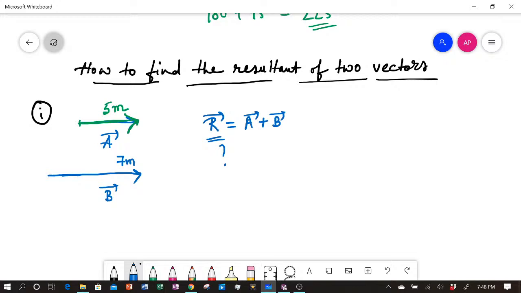Okay, Muskan's answer is 12. Okay, others? What would be the magnitude of resultant vector R? Tell me guys. Ravi's answer is root over 74. But why root over 74? No, it is not root over 74.